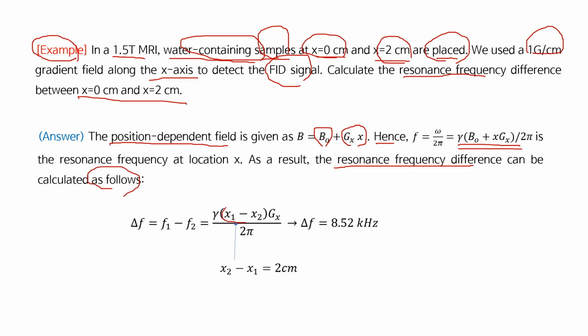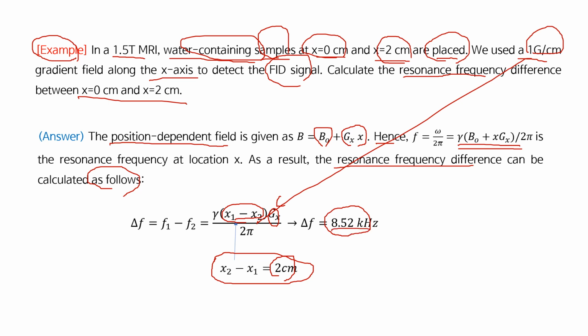So x1 minus x2 is the position difference between the two samples, 2 centimeter, and Gx we used 1 Gauss per centimeter. So you can get a resonance frequency difference of 8.52 kilohertz.